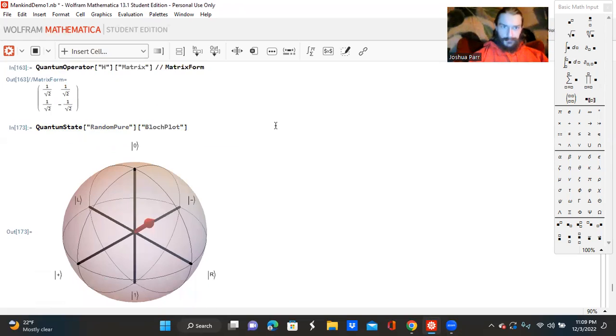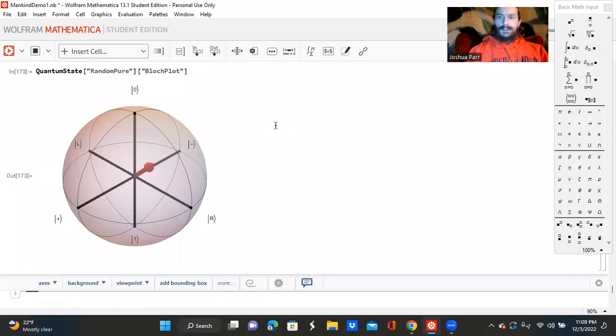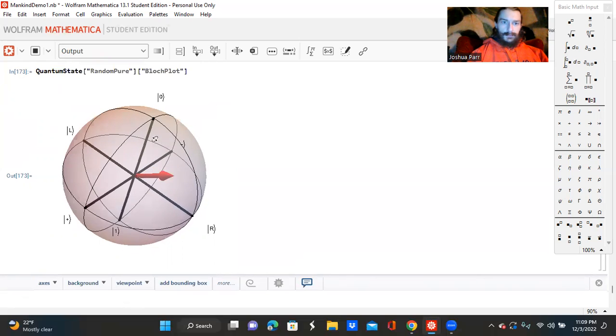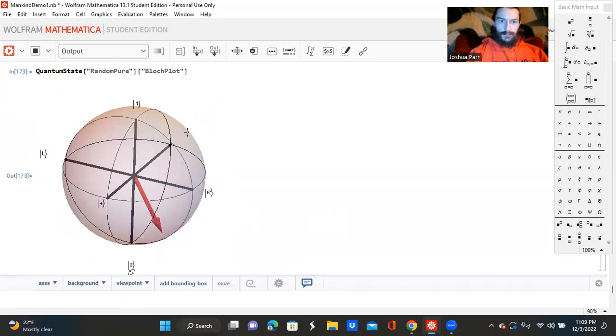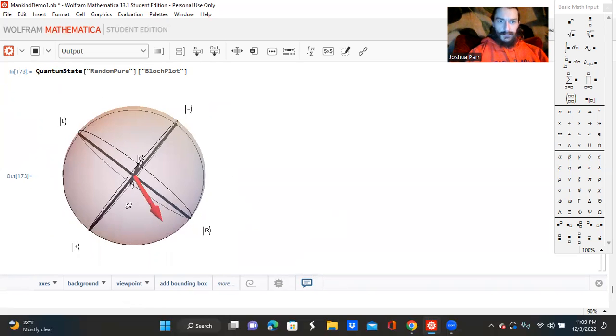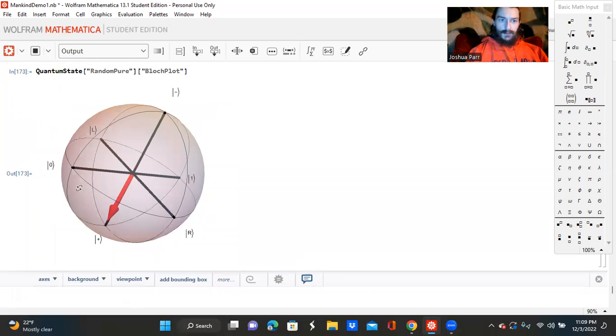There we go. So this is the Bloch sphere, and this is one of a few ways that we can denote the amplitude and phase of your qubit, in range 0 to 1, positive, negative, left, right.